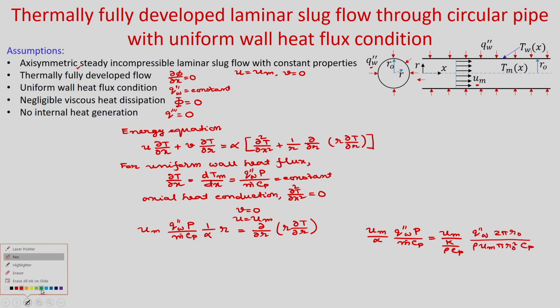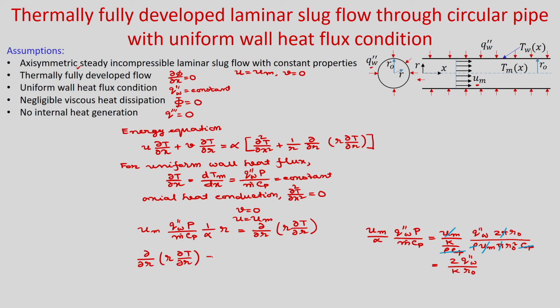If you simplify it, pi and u m will get cancelled. So, you will get finally this equal to twice q double prime w by k r naught. Okay. So, if you put it here, you will get del of del r into r del T by del r is equal to twice q double prime w by k r naught, and one r is here, so into r.